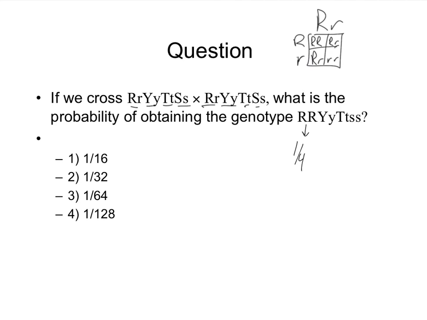What about big Y, little y? Well, that's 2/4. But wait a minute, I didn't put Y up here. It doesn't matter, right? As long as you know that the heterozygous is going to be 2 out of 4, or 1/2. 2 out of 4 is the same as 1/2, but we're going to keep it 2 out of 4.